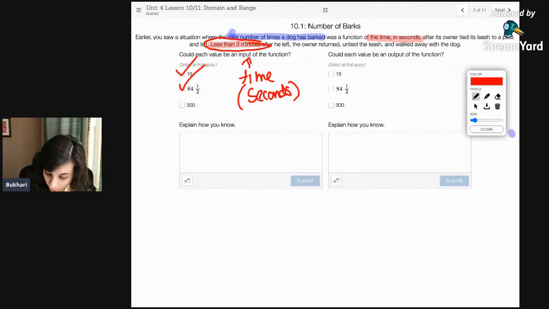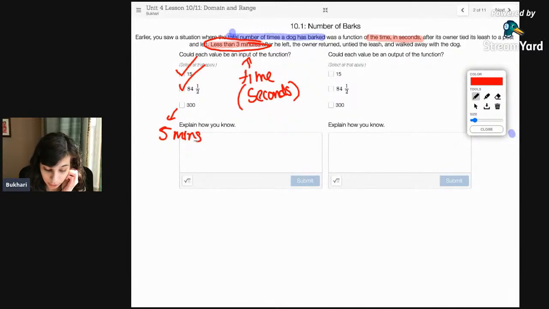To determine how many minutes that is, we do 300 divided by 60, which tells me 300 seconds represents 5 minutes. So this cannot be a reasonable input to our function, because at 5 minutes we don't know how many times the dog has barked, since the owner already took him away. That cannot be a reasonable input for my function.